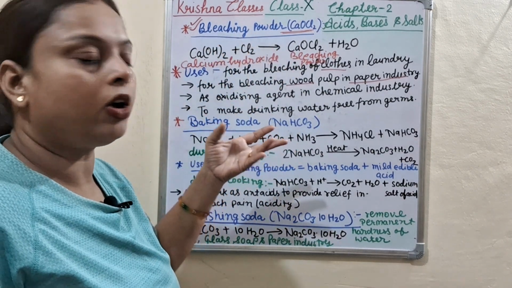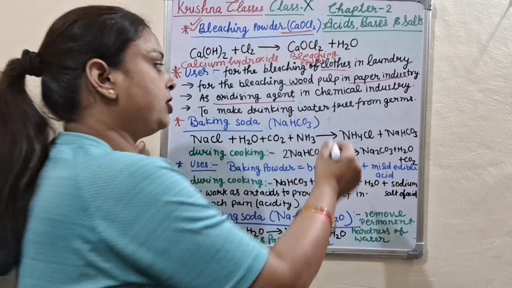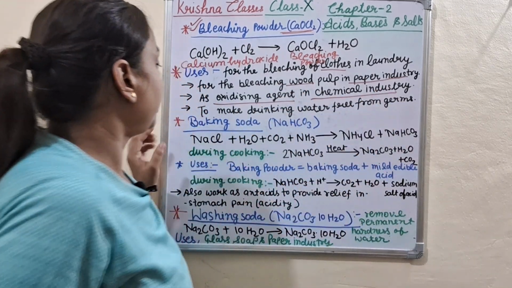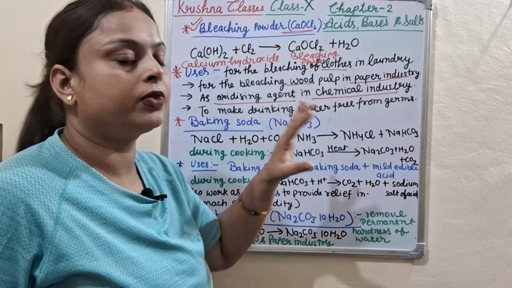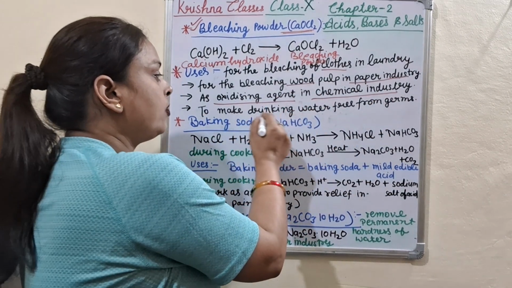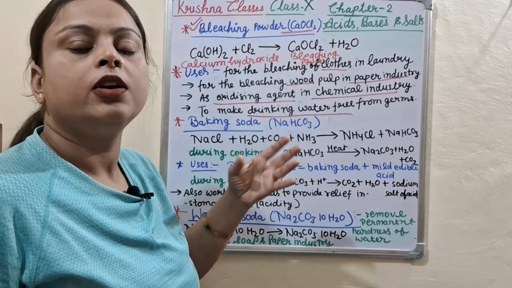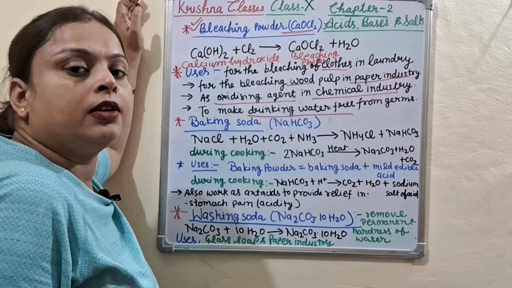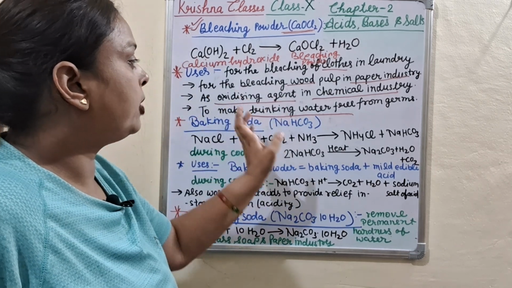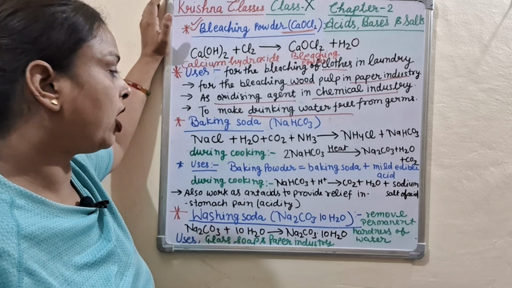Bleaching powder is also used as an oxidizing agent in chemical industries. Next is to make drinking water free from germs. To make drinking water free from germs, we use bleaching powder. We put some bleaching powder in hand pumps and in wells, so our water becomes free from germs. So this is also a use of bleaching powder.